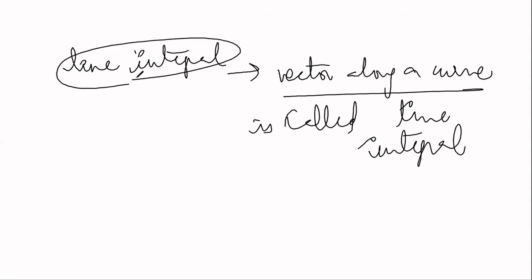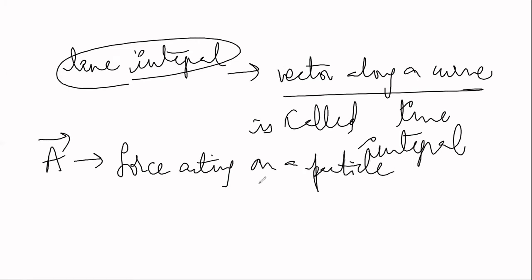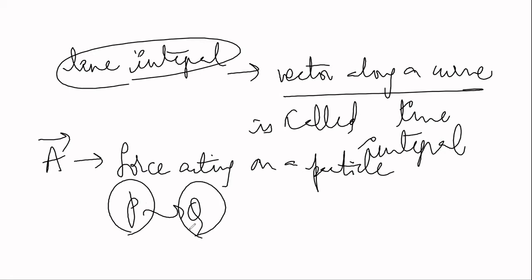Let me give an example. If A bar represents the force acting on a particle which is moving along a curve from P to Q, if I have a curve PQ, then A bar represents the force acting on the particle which is making the particle move from P to Q. Then the line integral from P to Q of A dot dl, where dl is the length element on the curve, gives the total work done by the force during the motion of the particle over the path PQ.